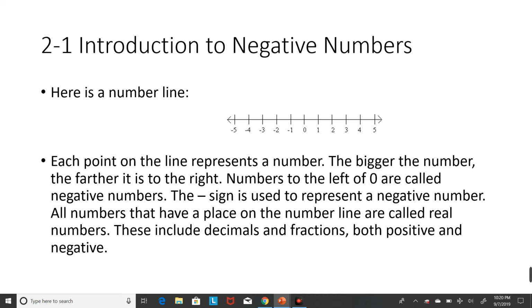Numbers to the left of 0 are called negative numbers. The minus sign is used to represent a negative number. All numbers that have a place on the number line are called real numbers. This includes decimals and fractions, both positive and negative. It includes decimals that repeat or decimals that go on forever.